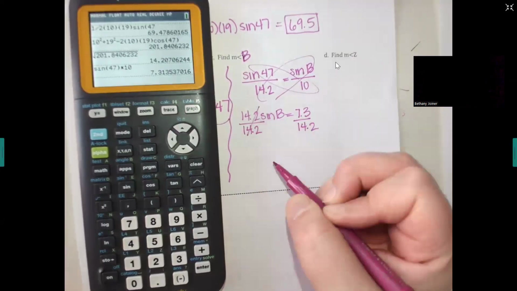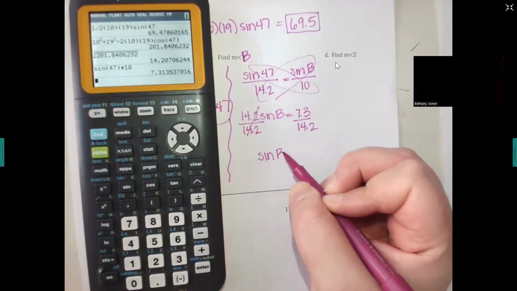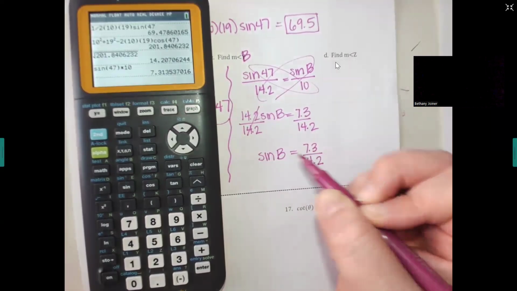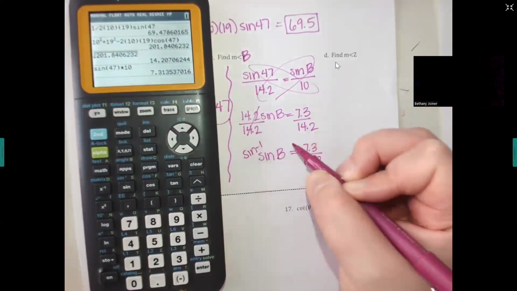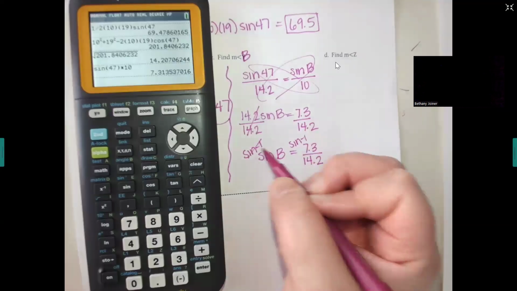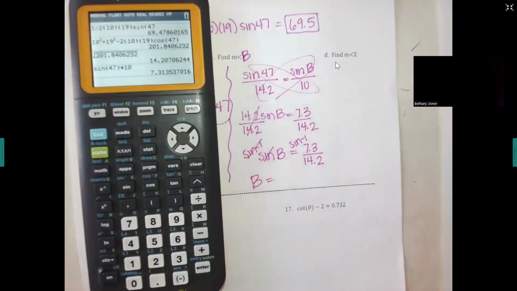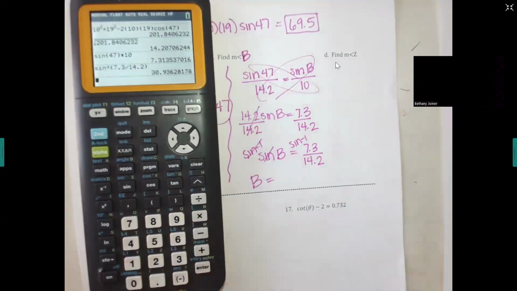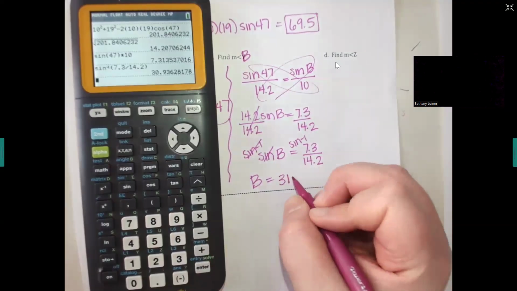And then once I get to there, how do I undo the sine in front of the angle B that I'm trying to solve for? Inverse sine, very good. So capital B equals inverse sine of 7.3 over 14.2. Okay, that gives me 31 degrees.